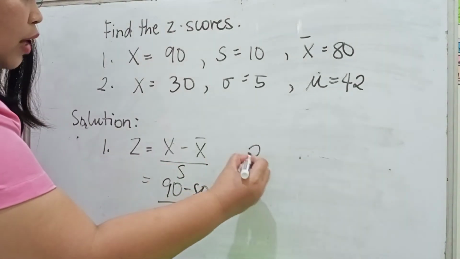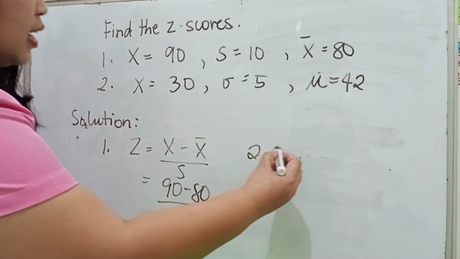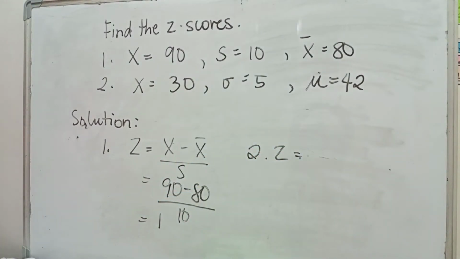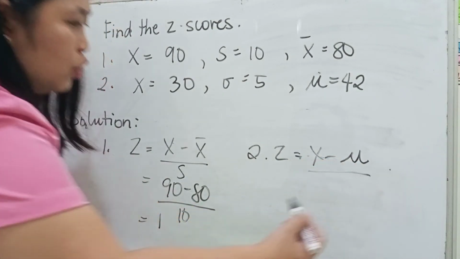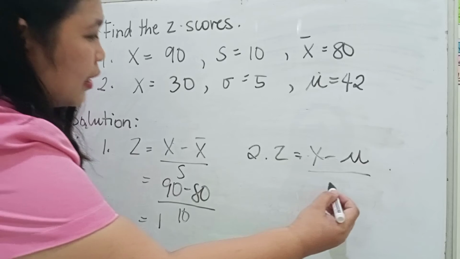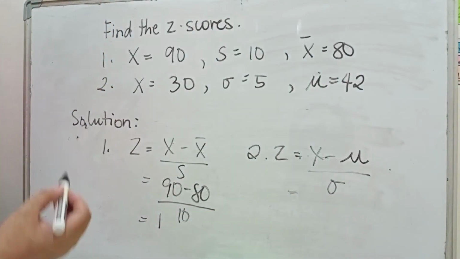Another example. For example number 2, the Z-score is equal to the given measurement minus the population mean, divided by the population standard deviation. Just substitute the given.